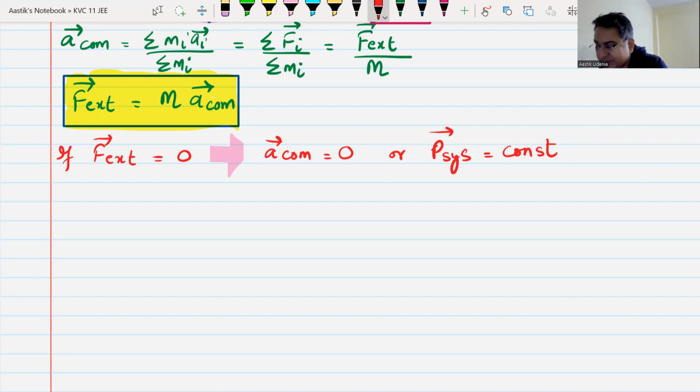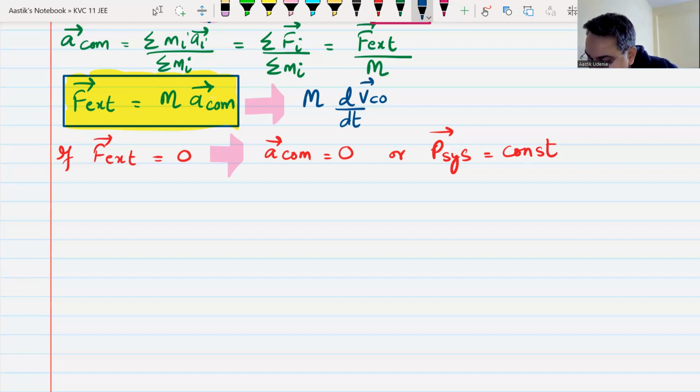Before going into that, I can just add some things here so that you understand. F external is m into a COM. Now I can write this m a COM, you can just add on to that, as m multiplied by d by dt of v COM.